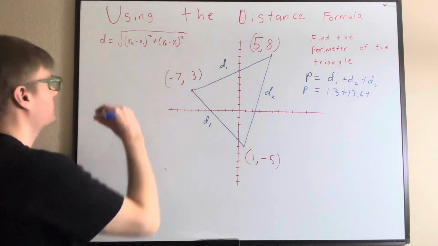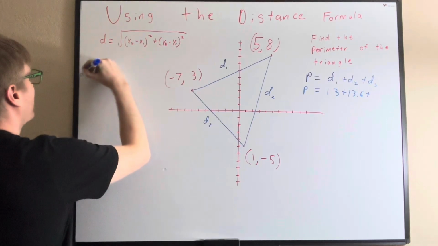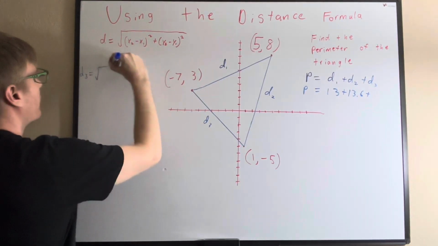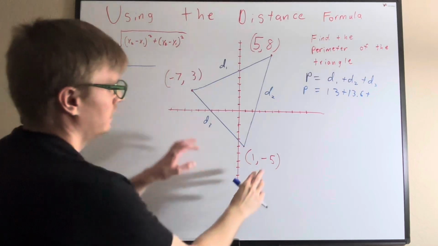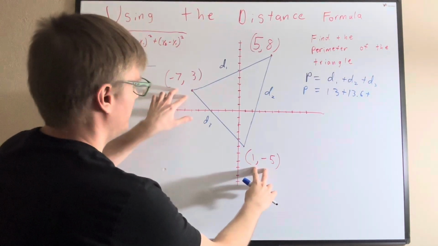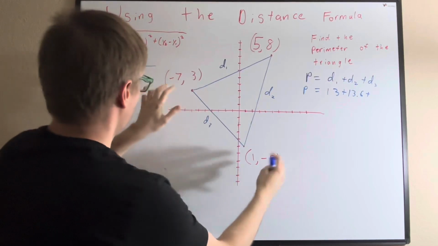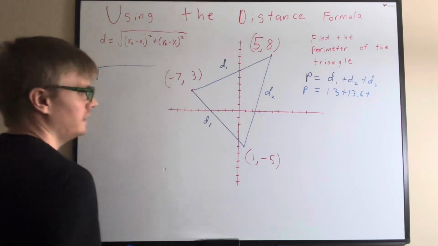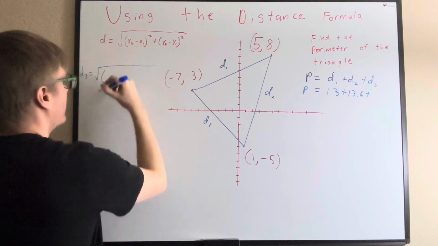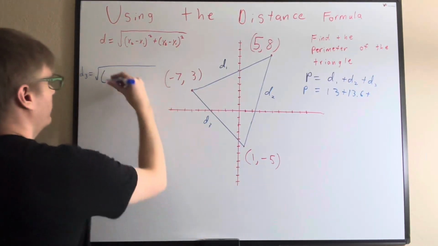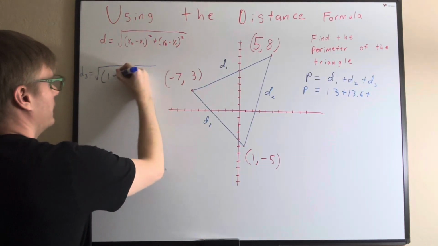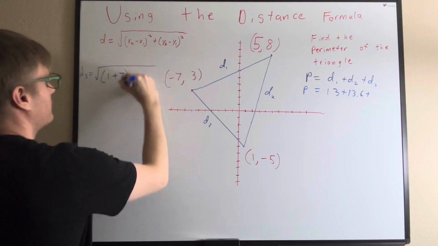All right, last one, D3. Now we're dealing with these two sets of these 2 points, and you can choose whichever one you want to be x2. x2 is 1 minus a negative 7.